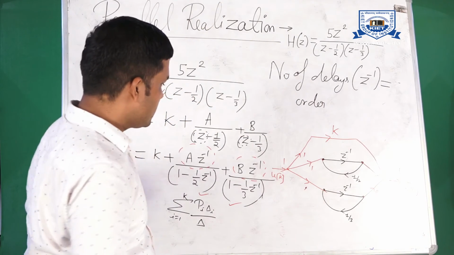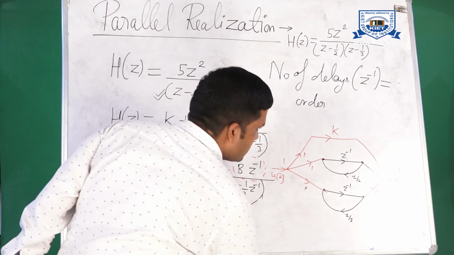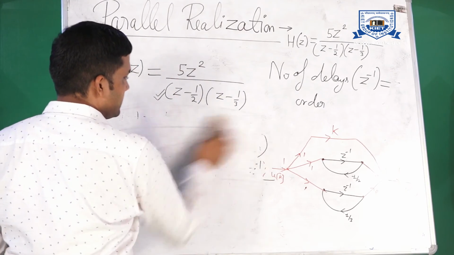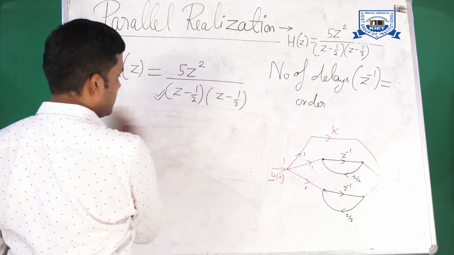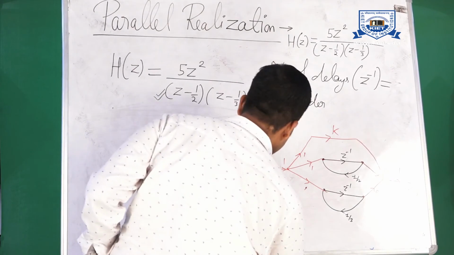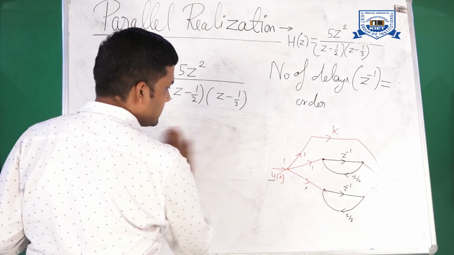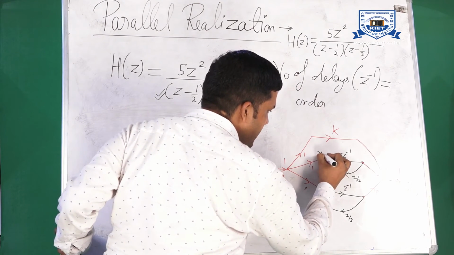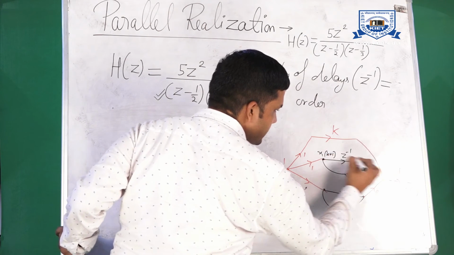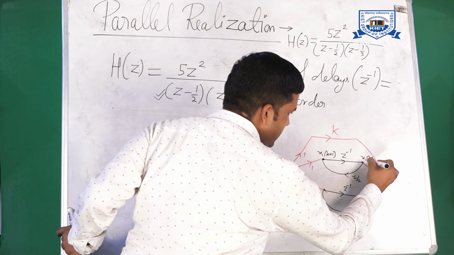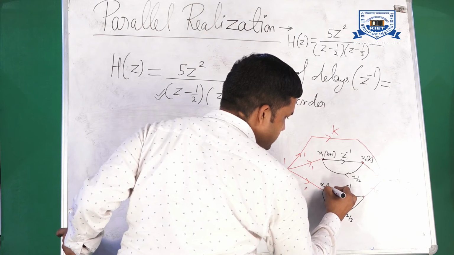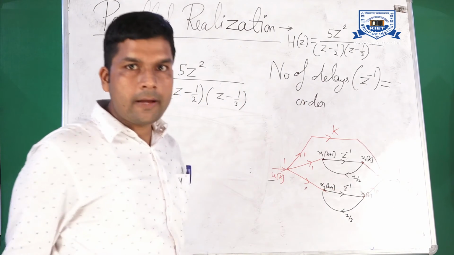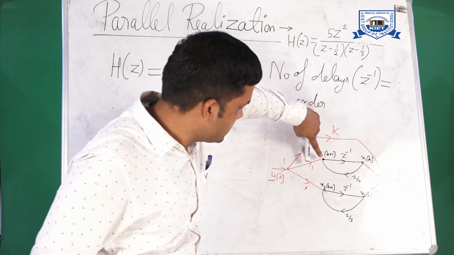Now how to write the equations for the state space? First of all select the state space variables. Here I am considering x1(k+1), then this is x1(k), this is x2(k+1), and this is x2(k). What is the value of x1(k+1)?